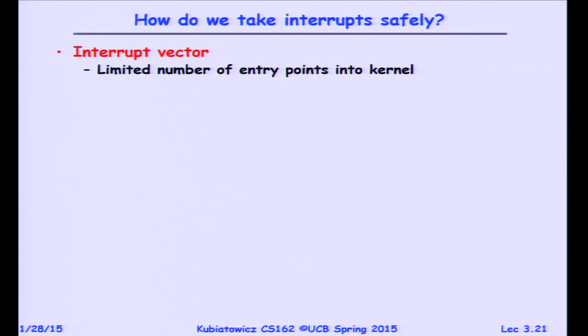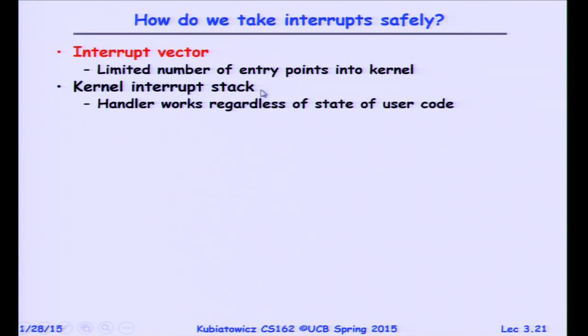Okay, so how do we take interrupts safely? So just like with the system call case, we have an interrupt vector. I showed you that last time, where each device goes to a specific handler. We have a kernel interrupt stack, just like we had a stack associated with processes. This is associated with interrupts. We have the ability to turn off interrupts so we don't get stuck in recursive interrupt loops.